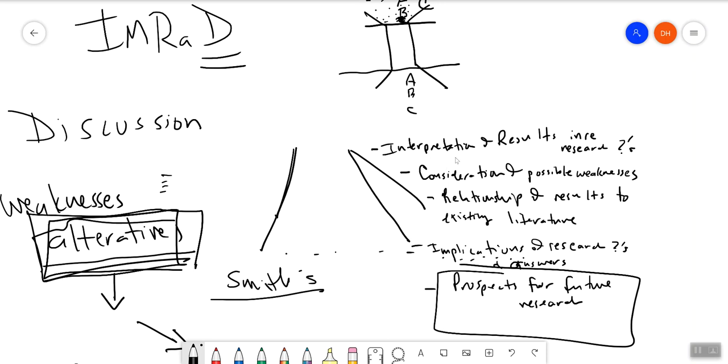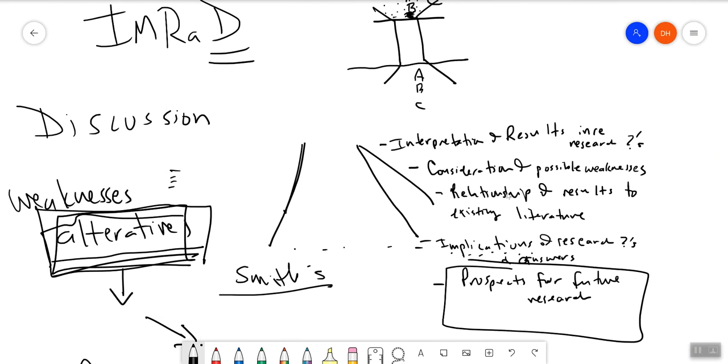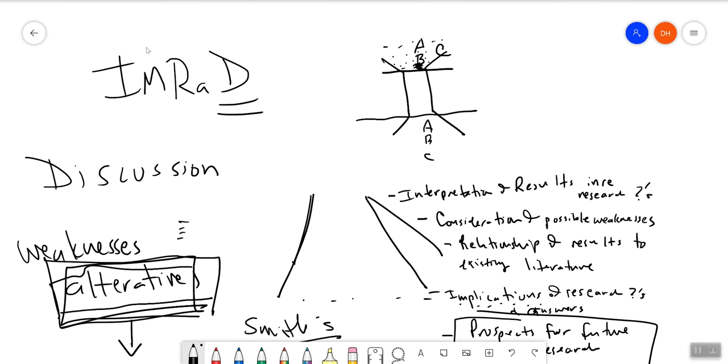And also, I like interpreting. I like suggesting future research and future projects and future ideas. I think that's kind of fun. But that's the discussion section. So you see it just has these constituent parts here. And that is the conclusion to the IMRaD canonical science paper model.